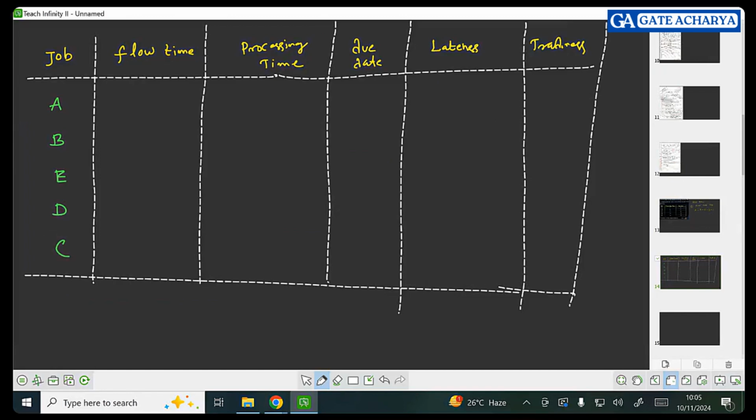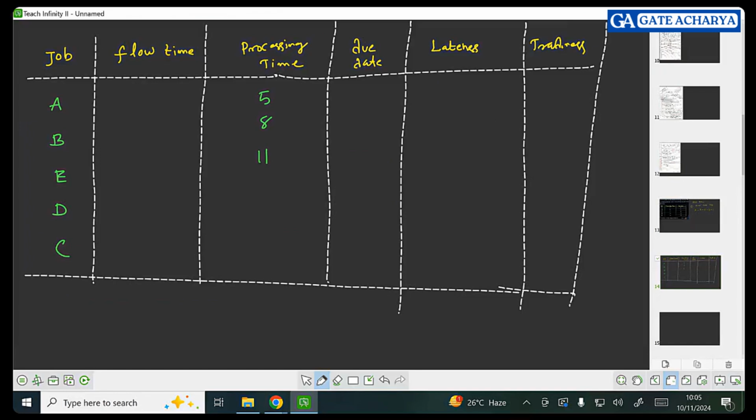Right. Now let's see the processing time of this. What is the processing time? 5, 8, and then 11, 6.